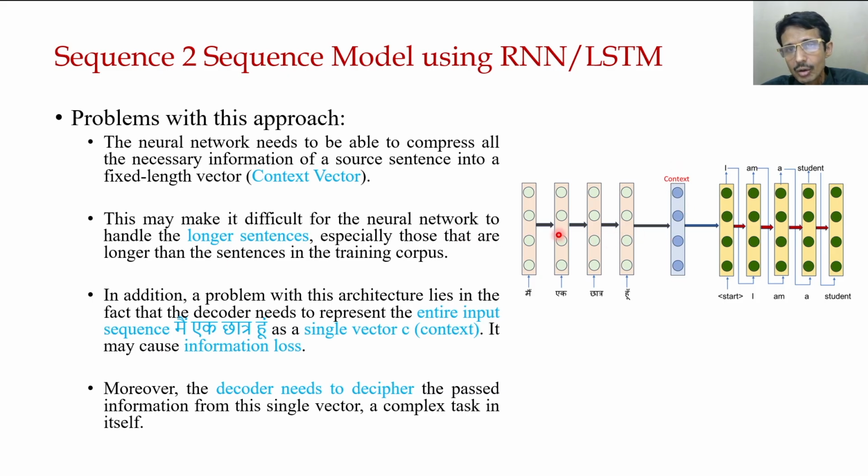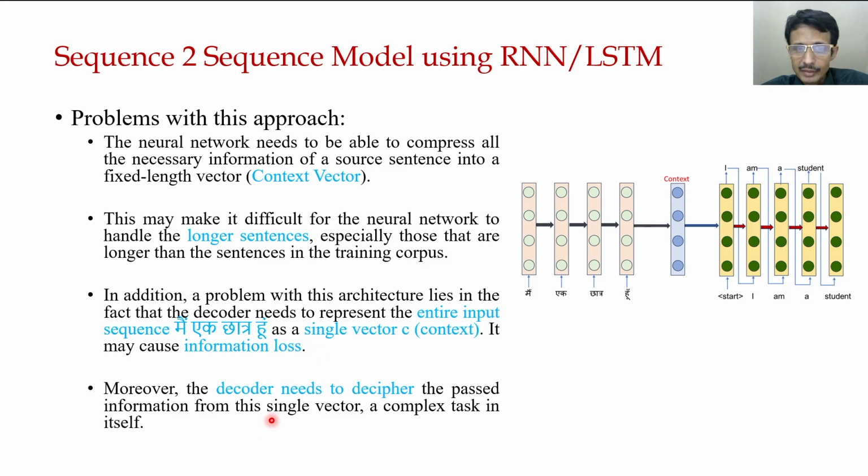If it is a long sentence, say of 30 words, then it is very tough to gather all the important information in this single context vector. So some information may be lost.